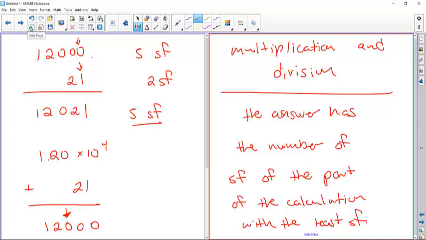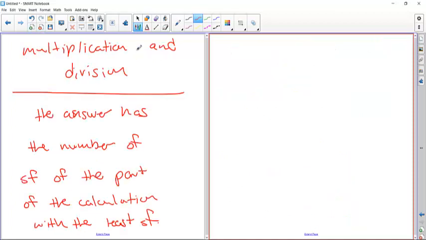If this is in scientific notation, we don't have to worry about converting anything. But let's deal with cases where you don't have scientific notation.